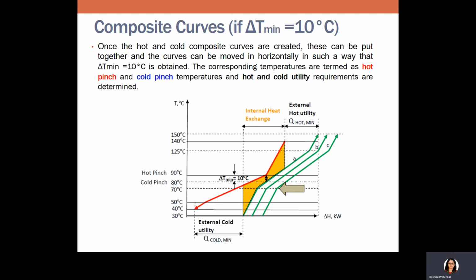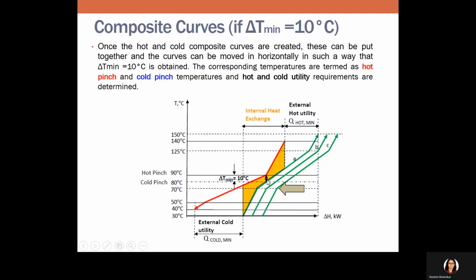You cannot move the lines vertically because when you move them vertically, the temperatures will change. So you have to move them horizontally such that the delta H remains the same and the temperatures remain the same. All right. So once you do that and you obtain this, this is your pinch temperature.